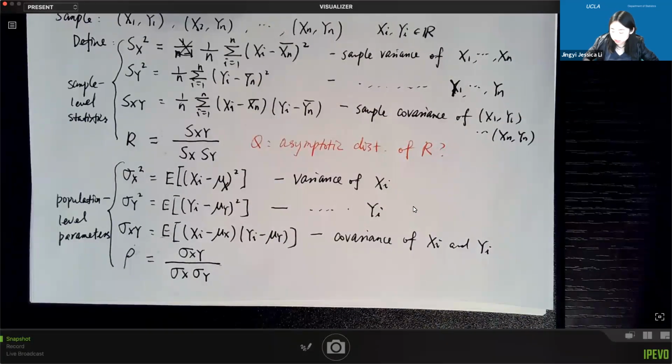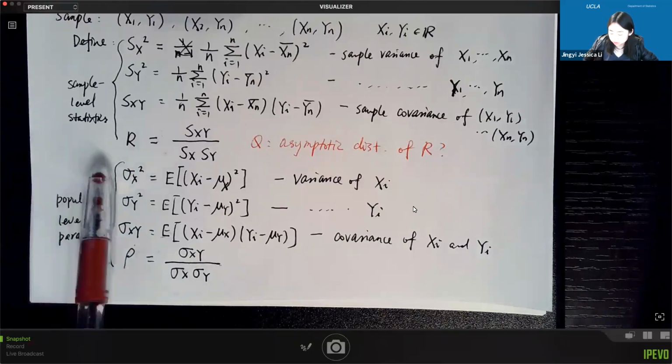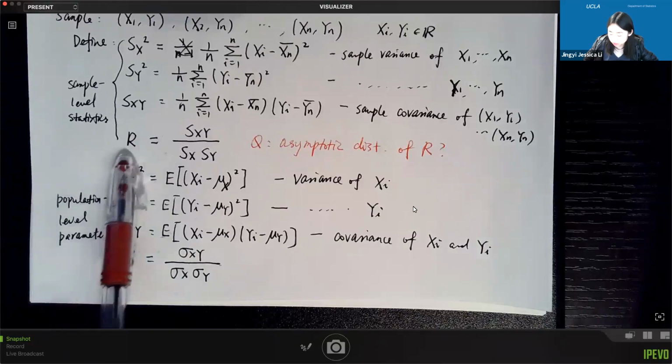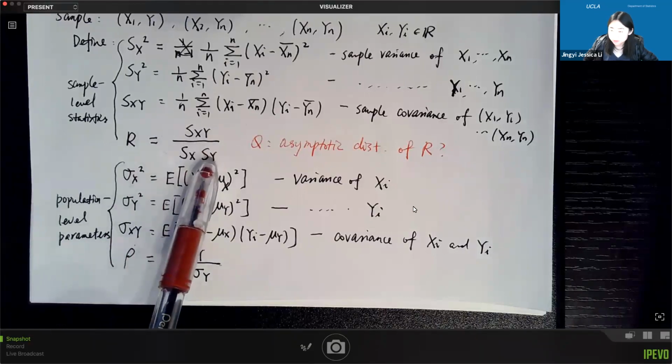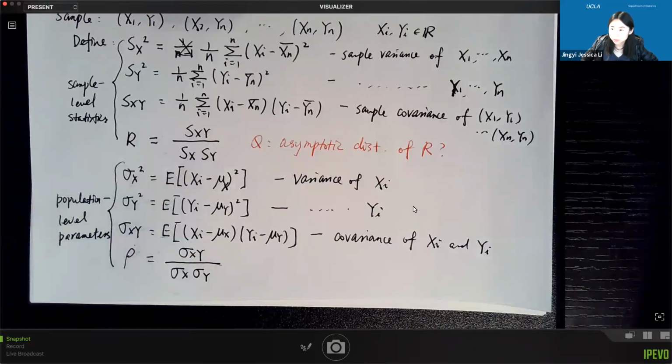And now you see this derivation gave us a foundation. The reason we can do it is because with this derivation, we have expressed R in terms of Sxy, Sx, and Sy. Each of them is a sample moment. And as we know, for sample moments we can derive their asymptotic distributions based on Cramer's theorem and also the central limit theorem.